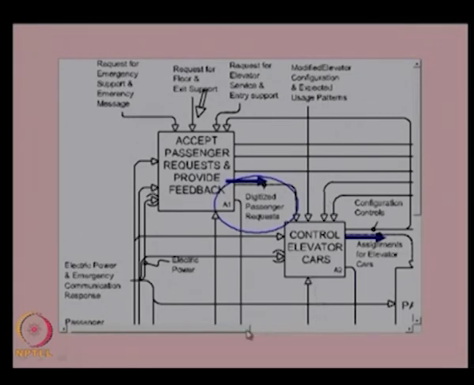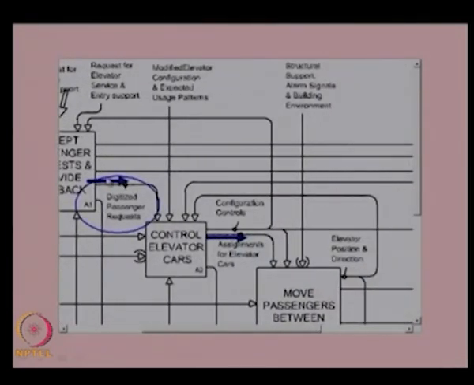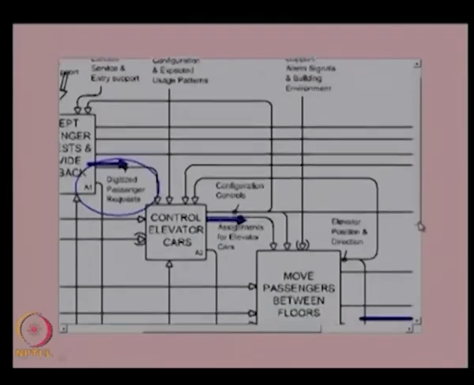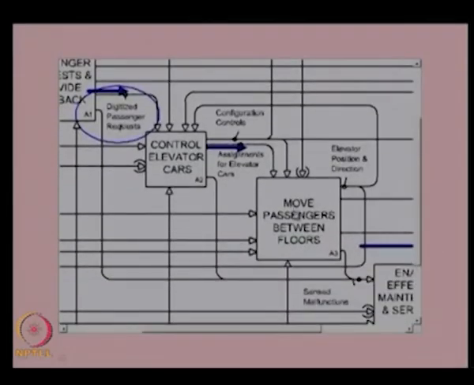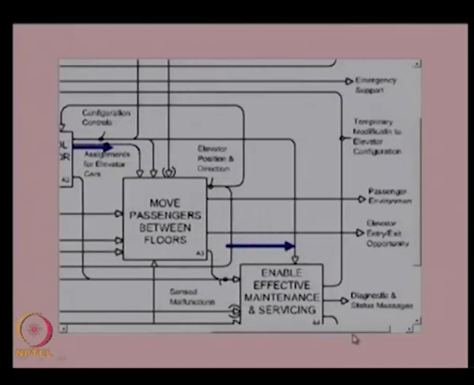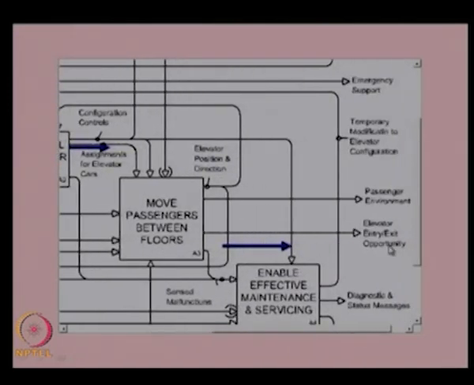This request is processed in A1 and goes out as digitized passenger request, and that request is going to the A2 function, control elevator car, as a control input. Then control elevator car is giving the assignment of elevator cars as an output, and it is going to the next function, move passengers between floors, and here you are getting an output, the elevator entry exit opportunity.